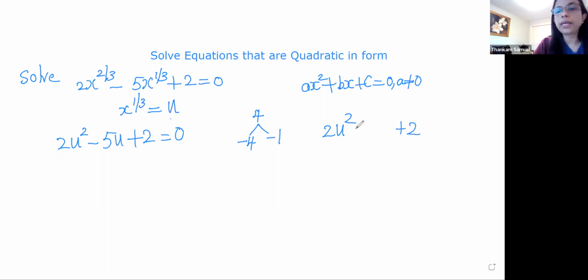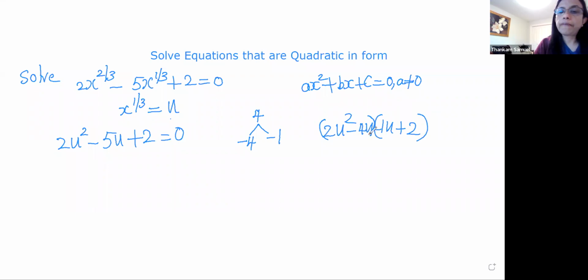So you can rewrite -5u as -4u minus 1u. So you can see that this is a polynomial with 4 terms. You can factor this by using grouping. So group together the first 2 terms and the last 2 terms.